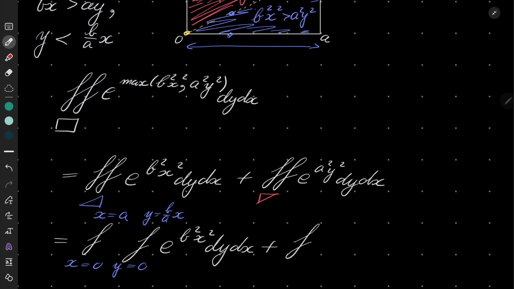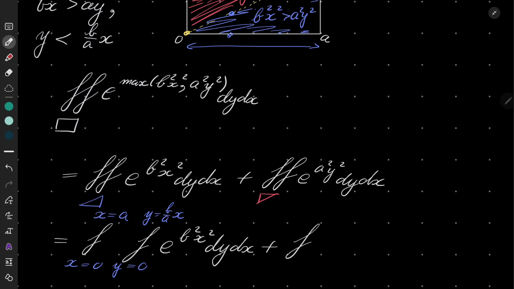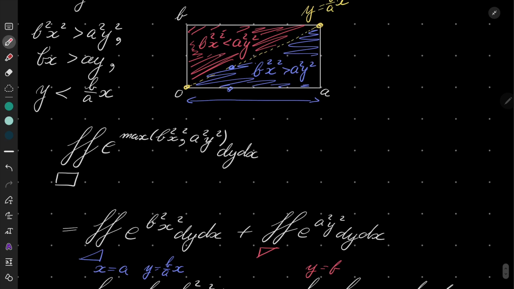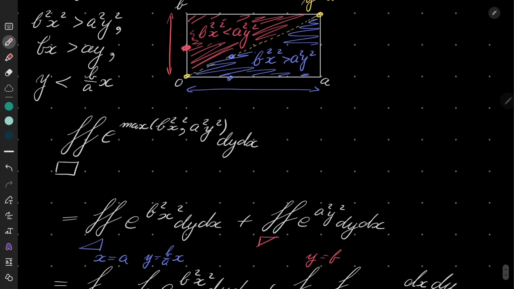While for the second integral, I will change the order of integration. Namely, the outer integral will be over y, and the inner integral will be over x. And let's see. y goes from 0 to b, because we can start anywhere, and it is visible that y is from 0 to b. And what about x?